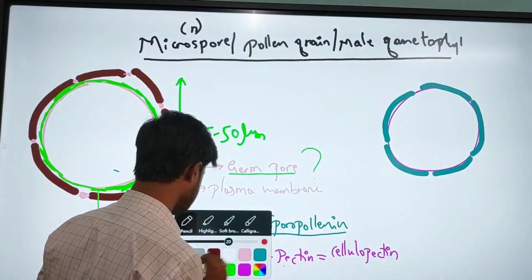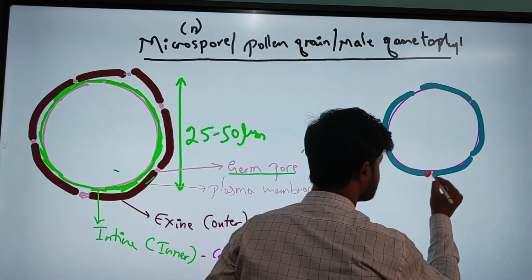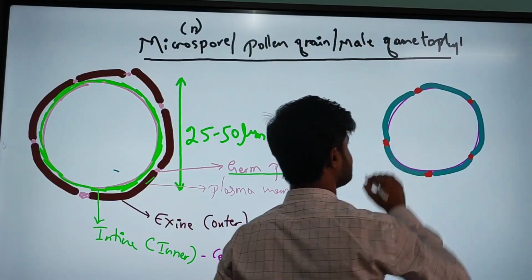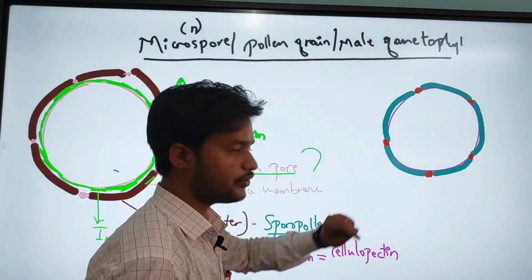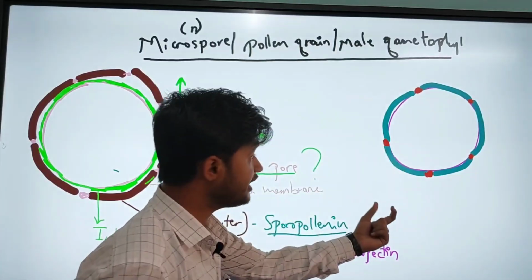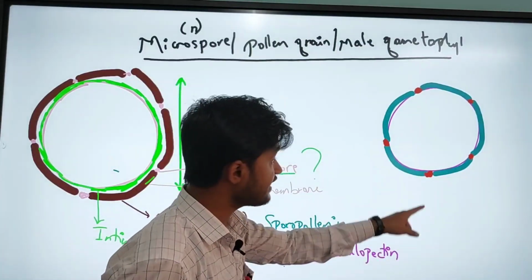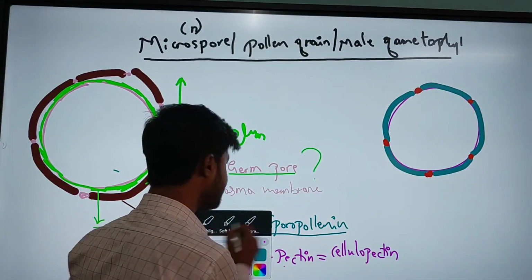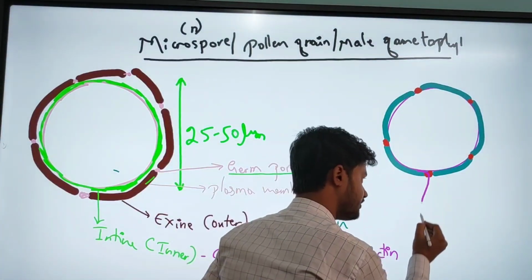Germ pore. So these are the regions of the germ pore. This is a germ pore, this is a germ pore, and this is a germ pore. The pollen tube arises from the intine region through the germ pore.